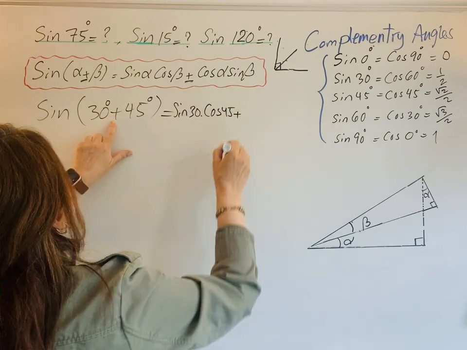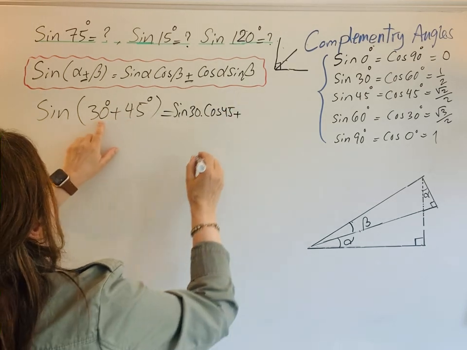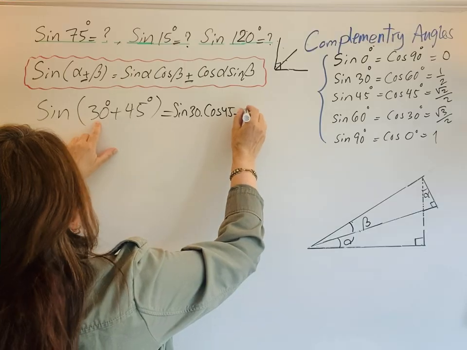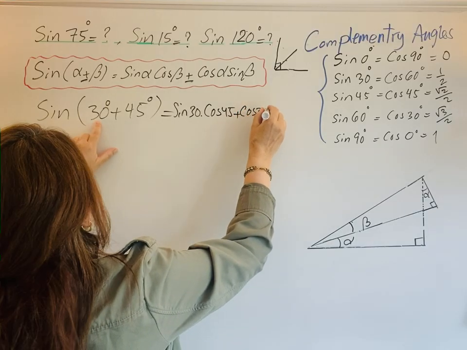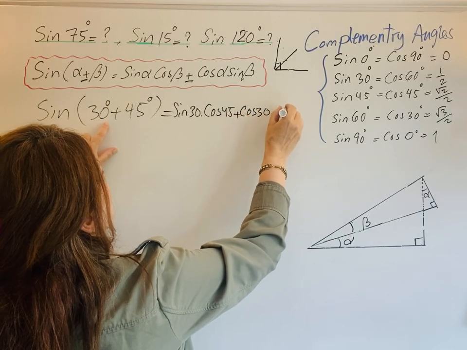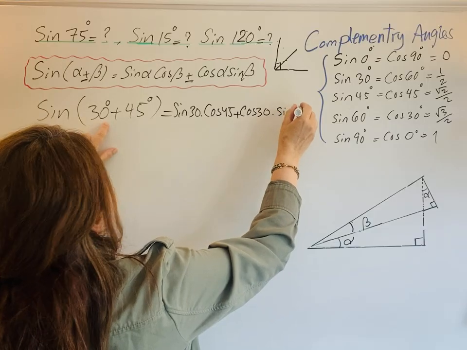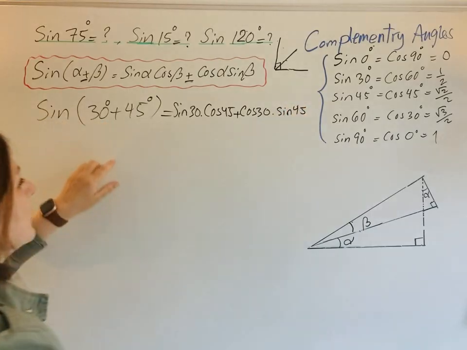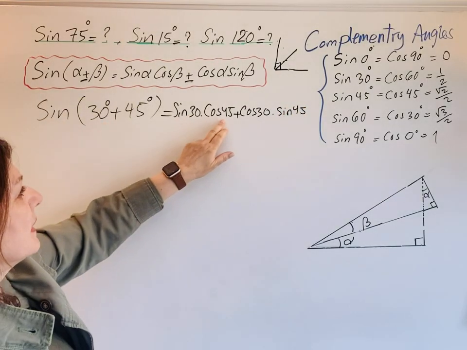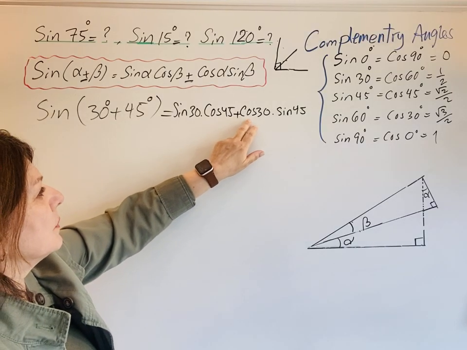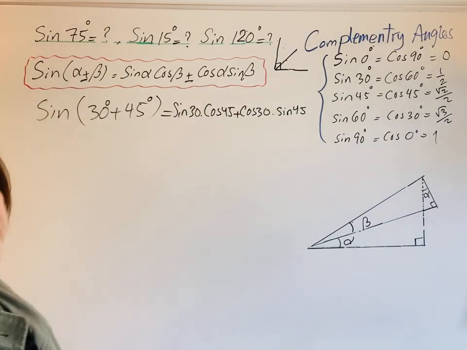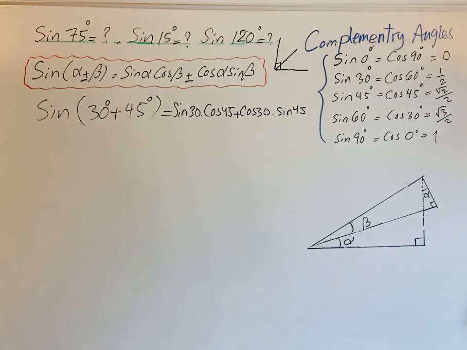Addition is addition. And the other one is cosine of this times sine of 45. Sine of the first one, cosine of the second one, plus cosine of the first one, sine of the second one. How much is it going to be?